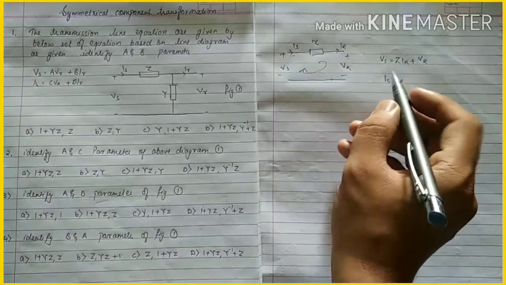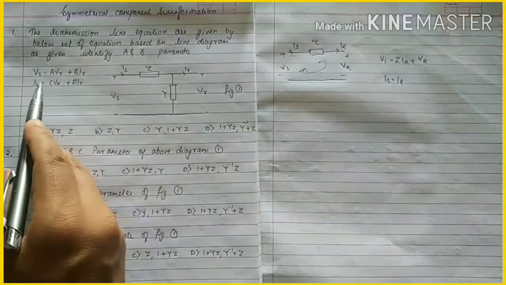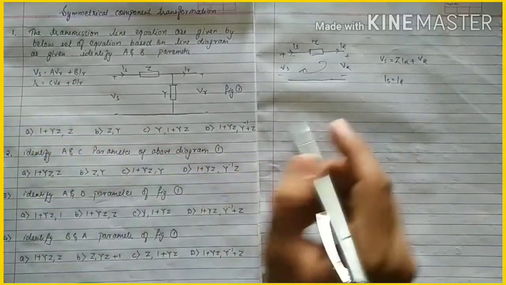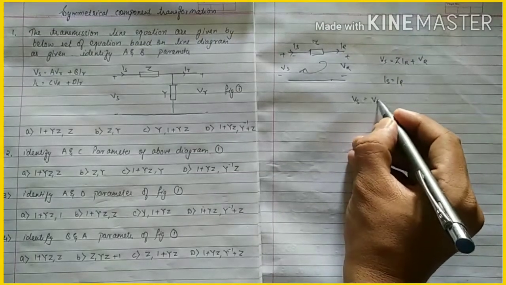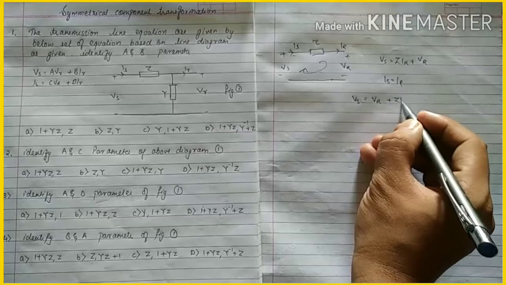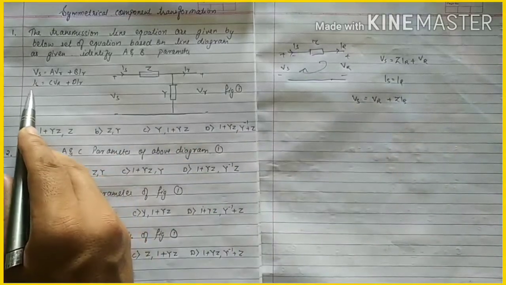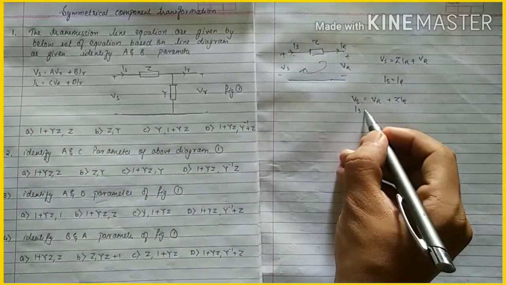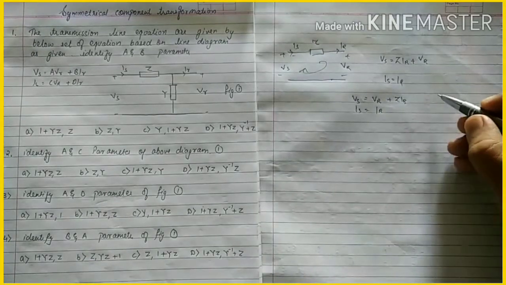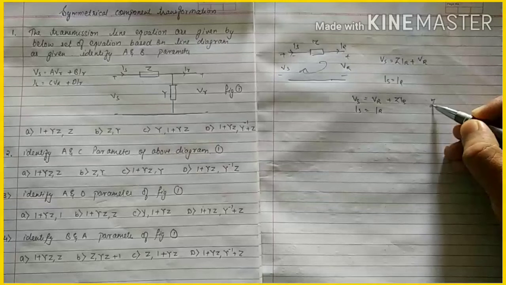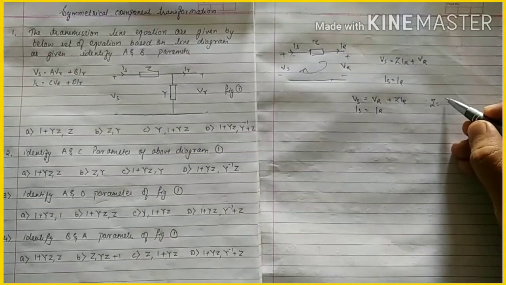Okay, so arrange it in the way of this, Vs equal to A VR plus B IR. Okay, so Vs equal to VR plus Z IR. Okay, and IS equal to, rearrange in this form, IR, because VR is not present here. So what will be the ABCD of this Z?